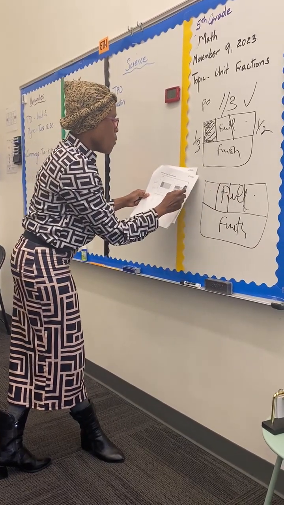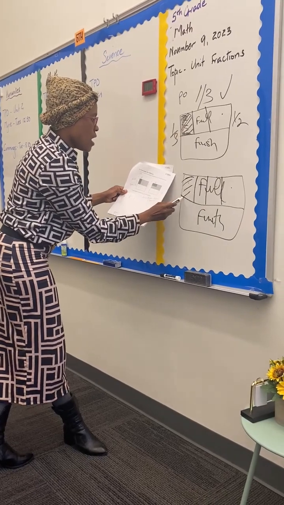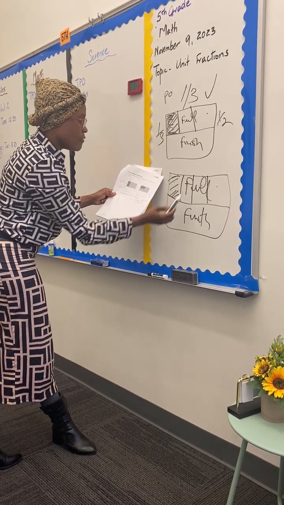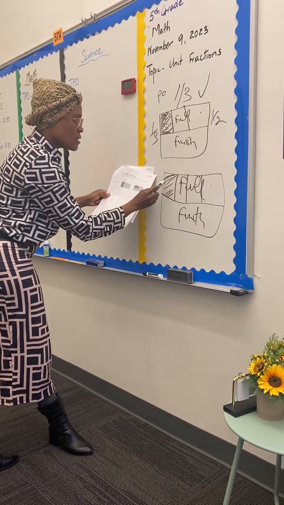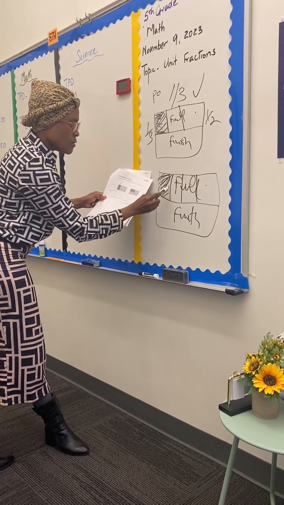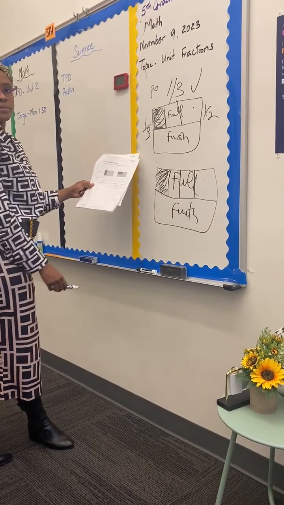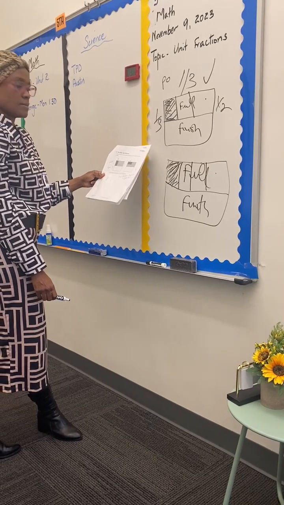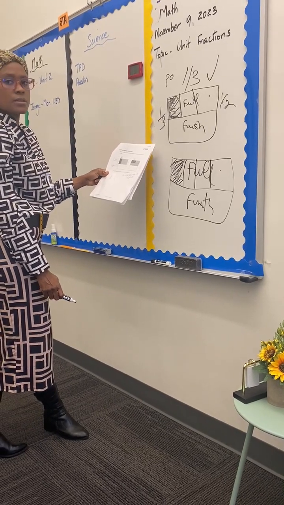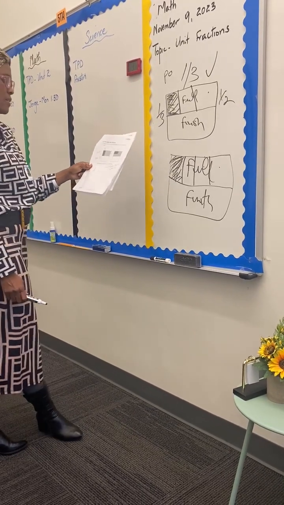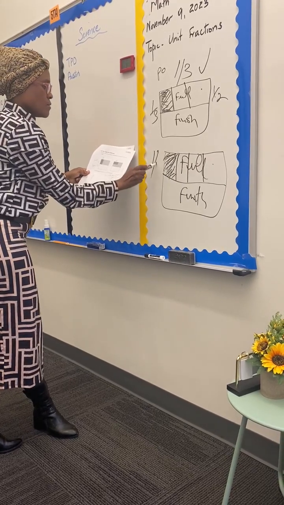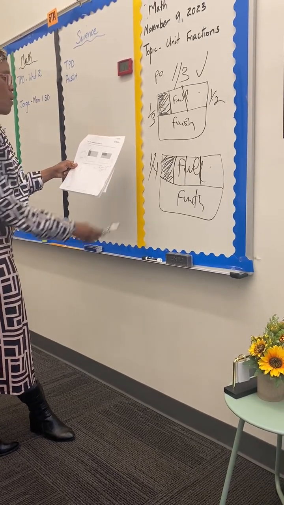So they told me 1/4 is of the half. 1/4. All right. Okay. So thank you for explaining. Now I can do this on my own. So that shaded part is 1/4.